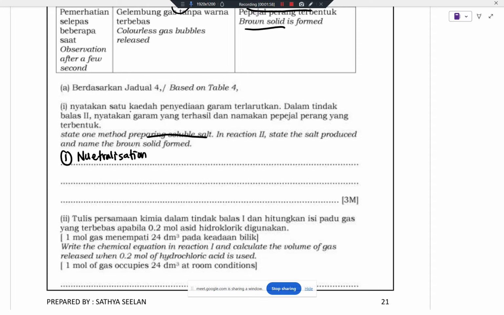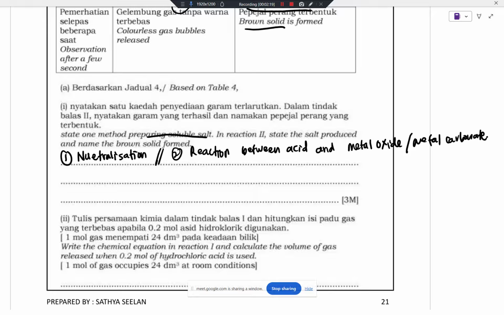Another method is a reaction between acid and metal oxide or metal carbonate, correct or not? Right.